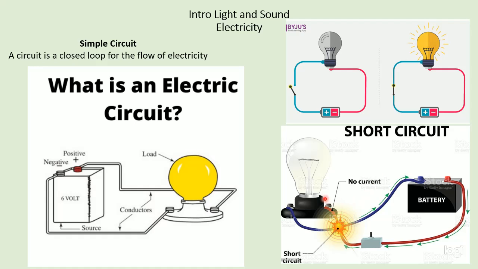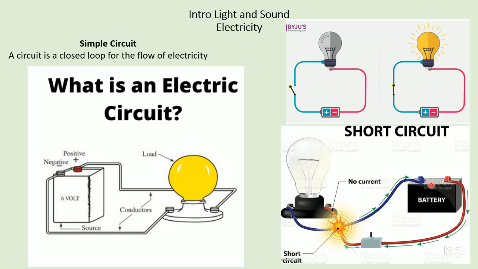Now, if there is not a light bulb, if there is a problem in the system and the send wire and the return wire accidentally come in contact with one another, it creates a short circuit. And a short circuit is dangerous and bad.